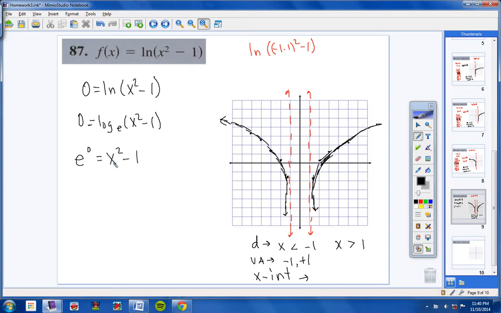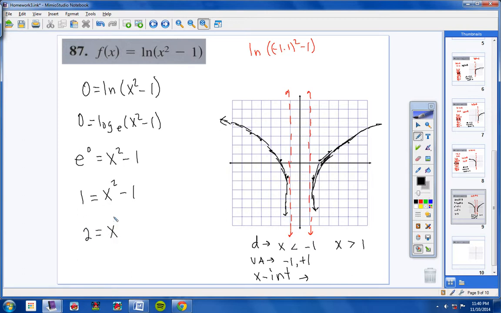Well, anything to the 0 power is 1. So now I have 1 equals x squared minus 1. Now bring the negative 1 over and make it a positive 1. So you'd have 2 equals x squared.